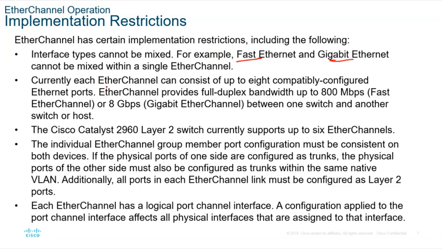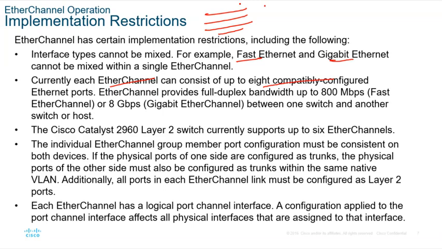Then currently each EtherChannel can consist of up to eight ports. So each logical group should not go beyond 8 physical ports. As you are grouping, the maximum physical ports that you can have in a group is 8.